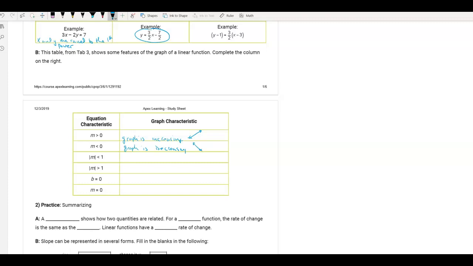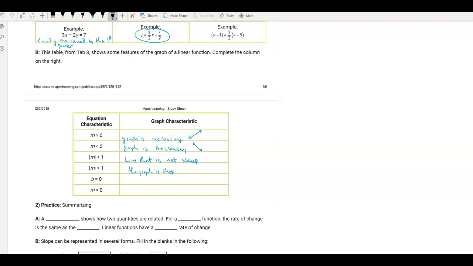Okay. If the absolute value of your slope is less than 1, right, it's basically going to be a line that is not very steep. Okay. If the absolute value of m is greater than 1, then the graph is steep. Okay.